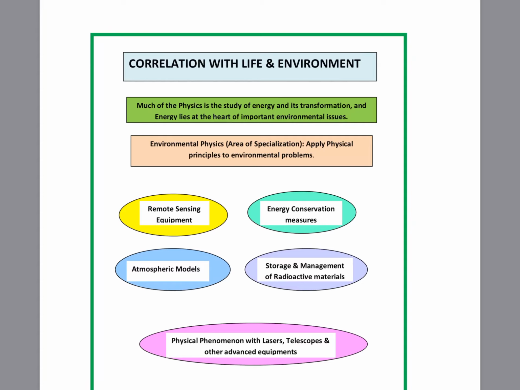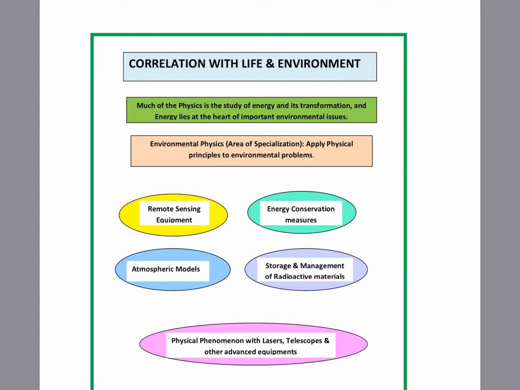So the correlation, the application of knowledge of physics in solving environmental problems, has given rise to one important area of specialization in the field of physics, that is called environmental physics or applied physics.